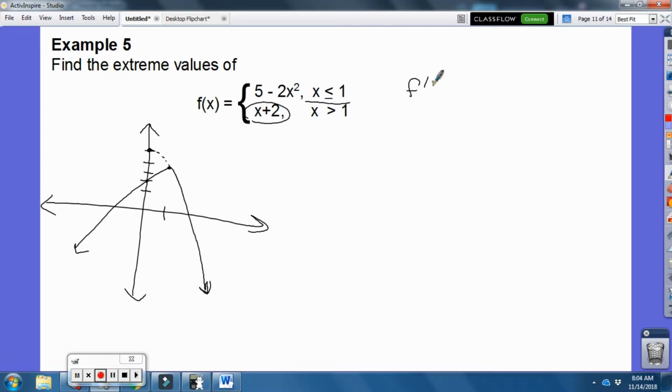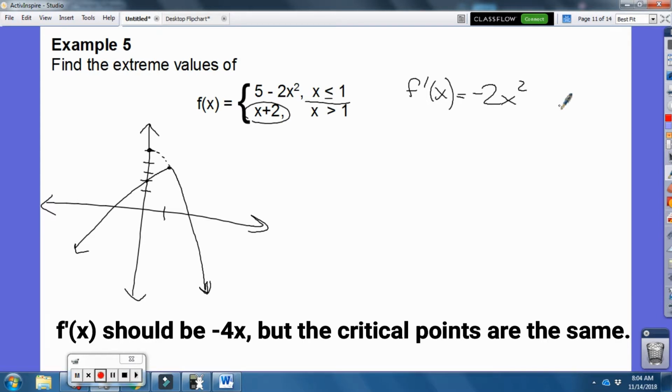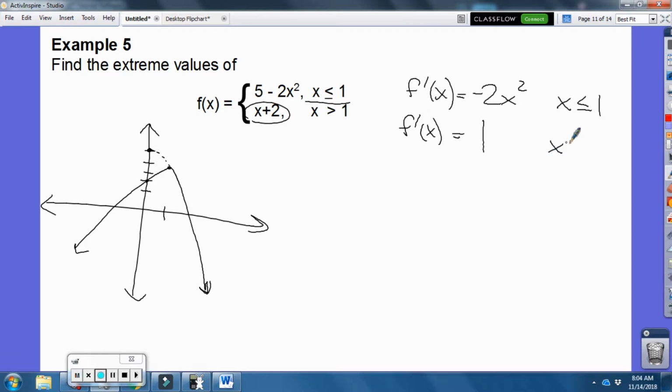That's going to be negative 2x squared, if x is greater than or equal to 1. And f prime of x is 1 if x is greater than 1.